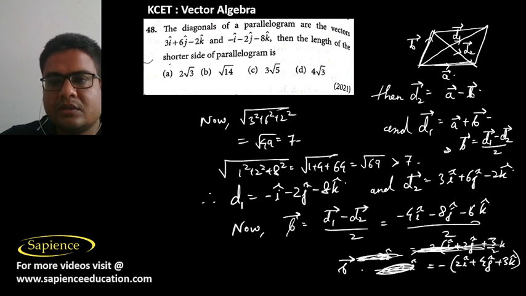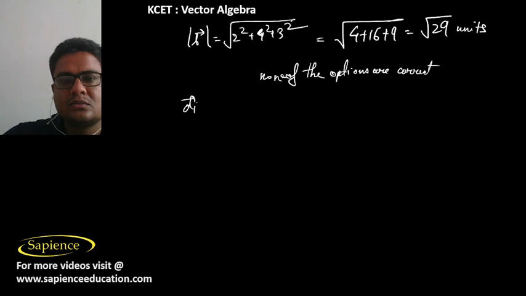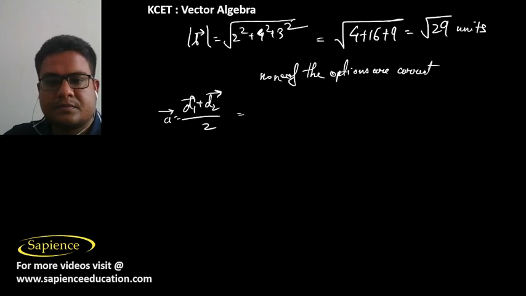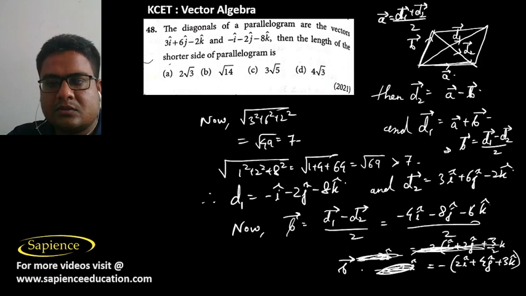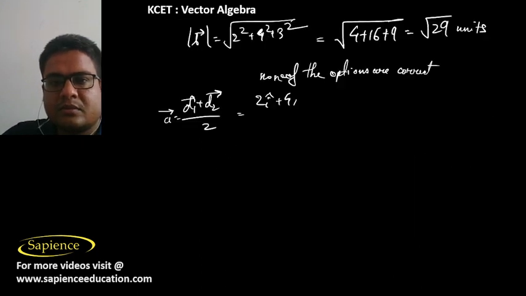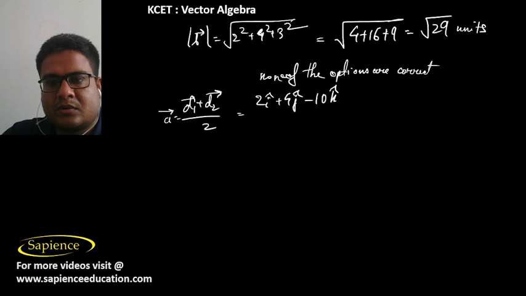Here, if you want, we can also find the larger side, that is vector A, which will be equal to d1 plus d2 by 2. So if we find d1 plus d2 by 2, that is vector A, it will be equal to 2i cap and 2 plus 4j cap plus 8, so that is minus 10k cap, by 2.